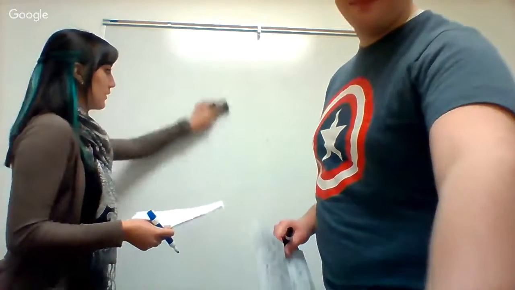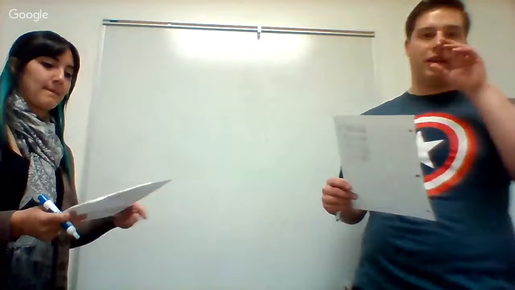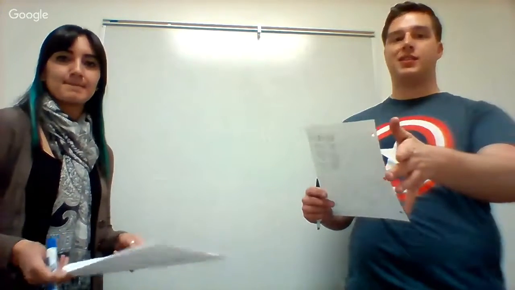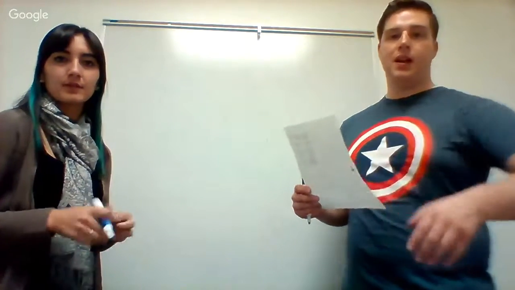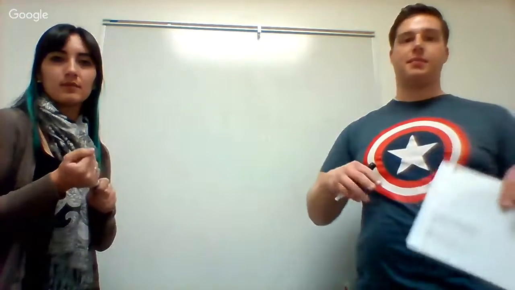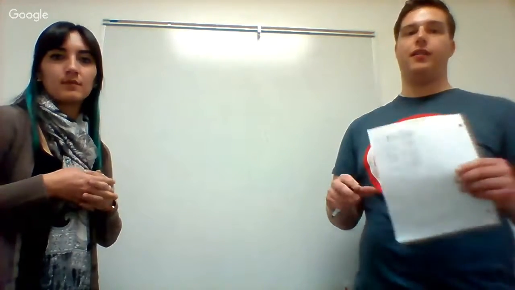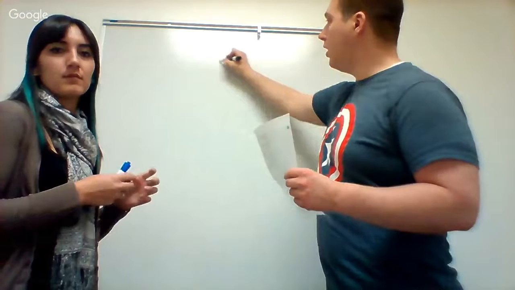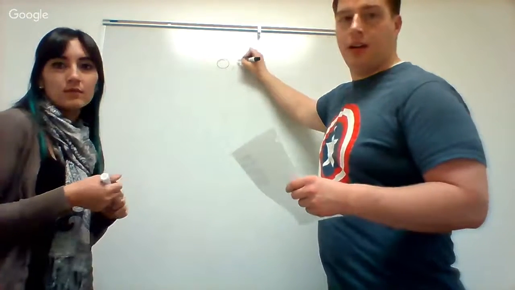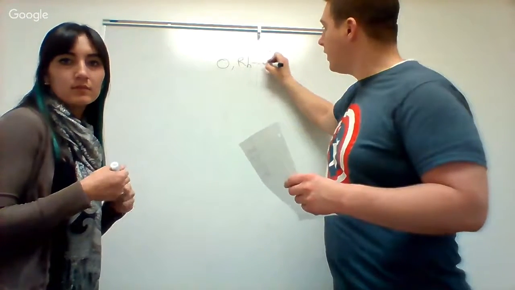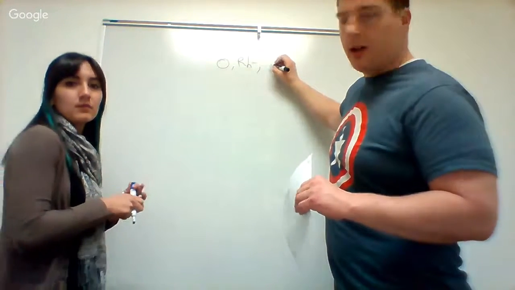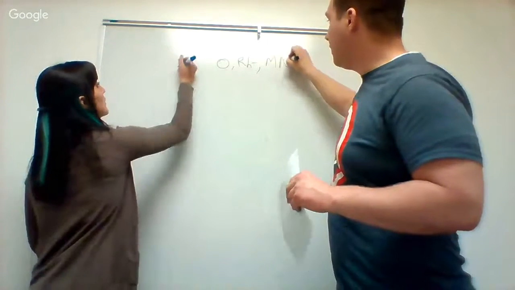Cool. Question 4. There's a man, and it gives his phenotype, and it says that he doesn't believe that he could be the father of a child with O blood, Rh negative, and MN.